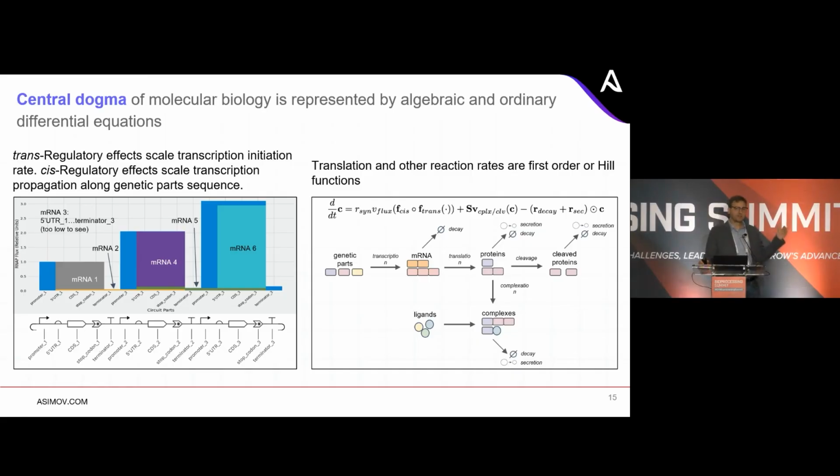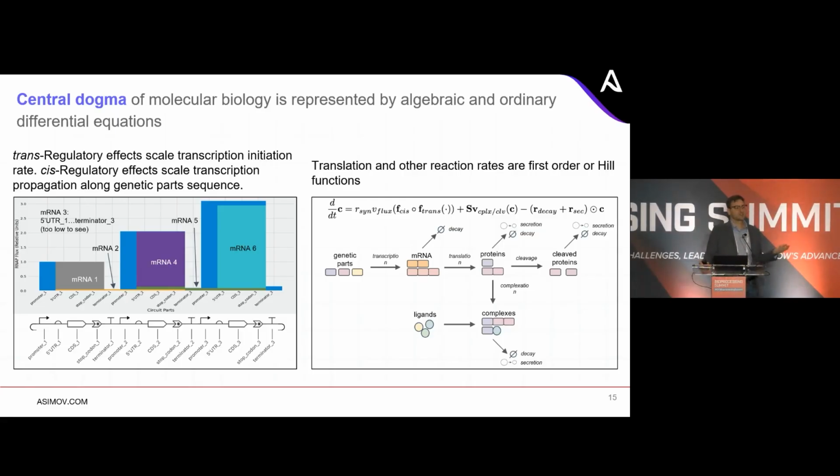So for 3 transcription units in series, you could have as many as 6 possible mRNA transcripts, associated with either perfect initiation and perfect termination, or read through the first terminator and then termination on the second terminator, initiation on the second promoter, termination on the second terminator, and so on and so forth. So there's 6 combinations, and we can actually predict the levels of expression of those at a given time.